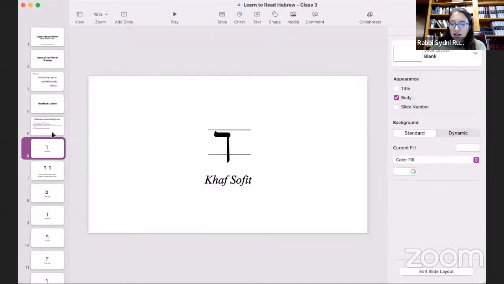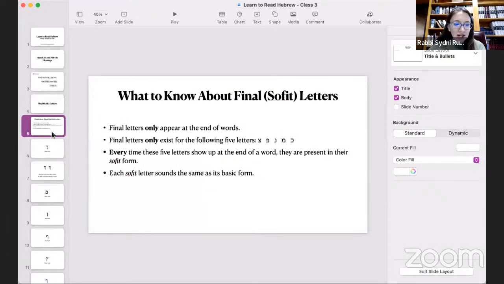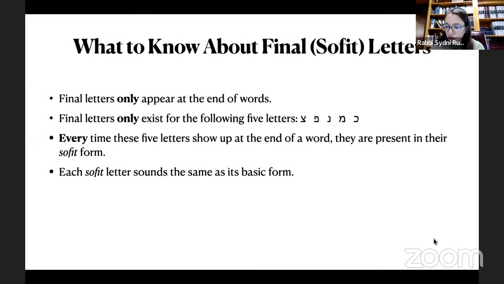So we just did a slide a minute ago, but I want to go back to this slide because I know you haven't done a whole lot of Hebrew learning before, so I want to drill this in because it's important. We're learning about sofit, or final letters, today. Final letters only appear at the end of words.